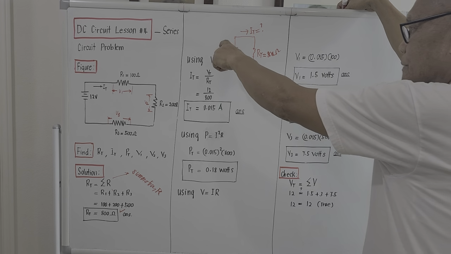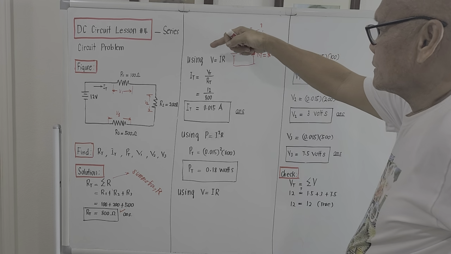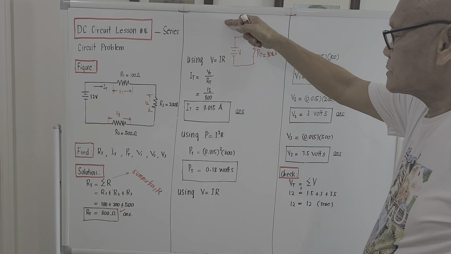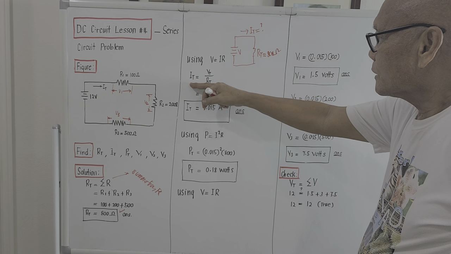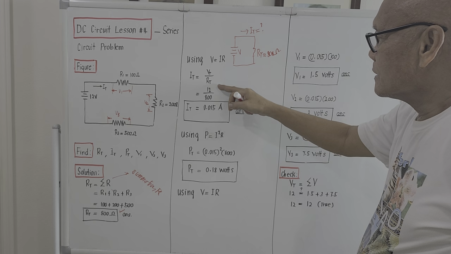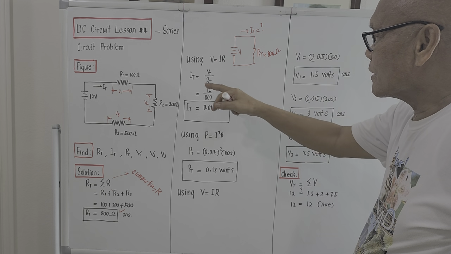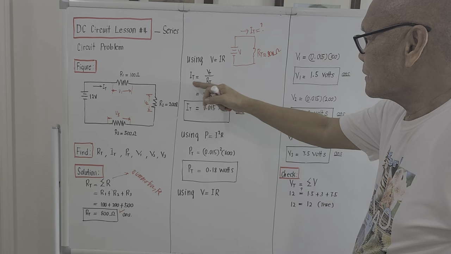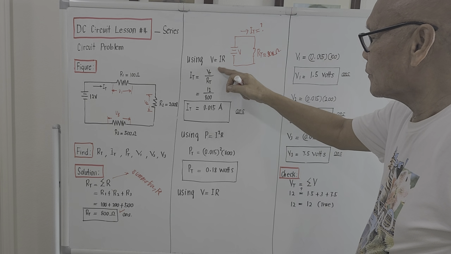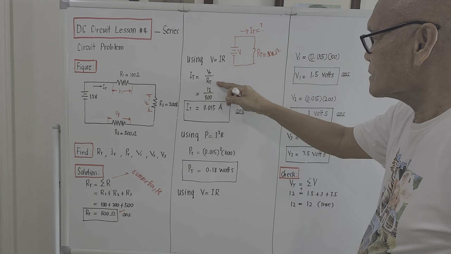this will be the equation here. Voltage is the product of current times resistance. So if we are to compute for current, it will be voltage over resistance. I now place the subscript T, meaning total current should be equal to the total applied voltage over the computed total resistance.